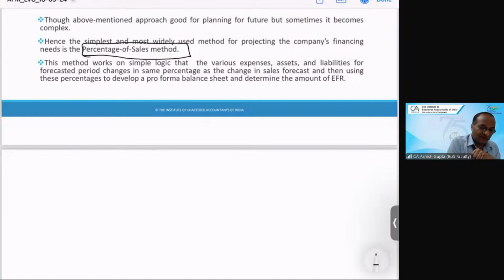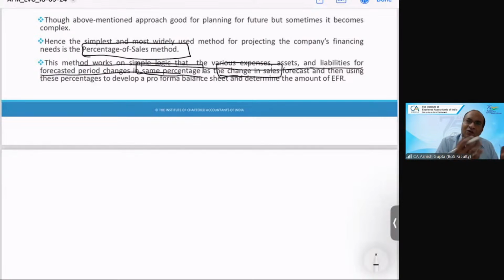The method works on the simple logic that various expenses, assets and liabilities for the forecasted period change in the same percentage as the change in sales. Very important. So this method assumes that by whatever percentage our sales change, the other variables will also change, and using these percentages, we develop a pro forma balance sheet and determine the external funding requirement.